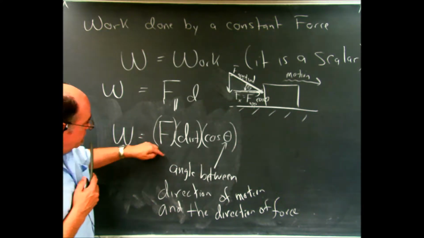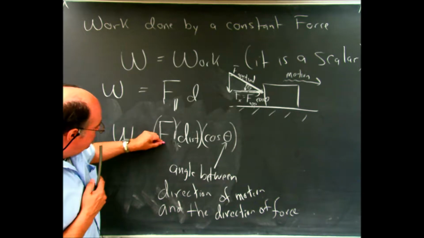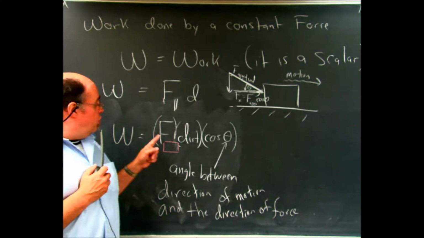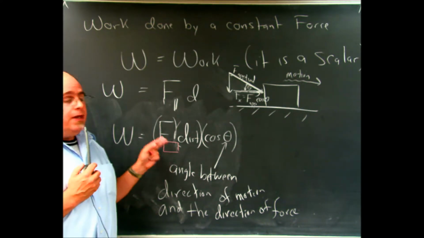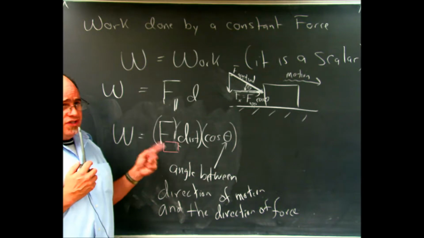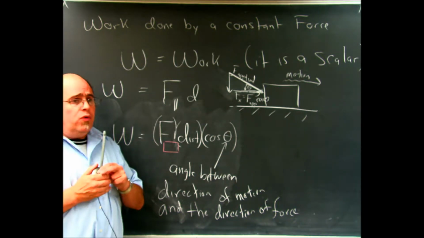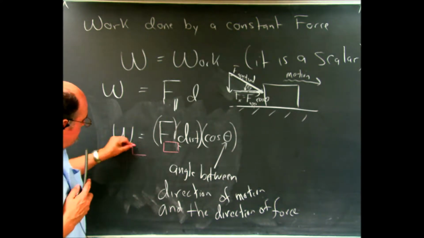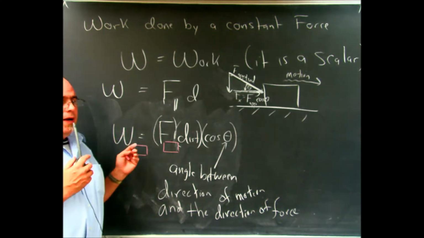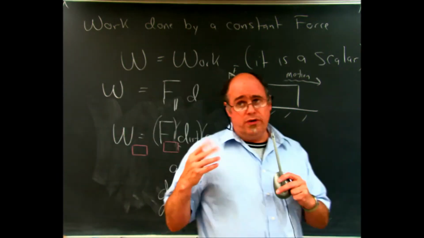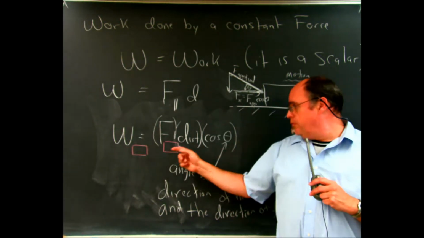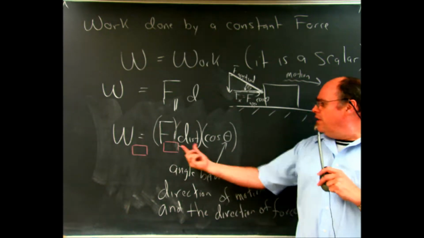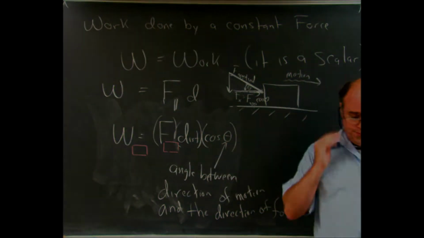So whatever subscript would go into this little box, whether it's the weight, the normal force, the applied force, the force of tension, the force of friction, or the net force, this would be the same thing. I'm just showing you that for every single type of force we could have, there is a certain amount of work done by that particular force. So you just have to keep these subscripts together.